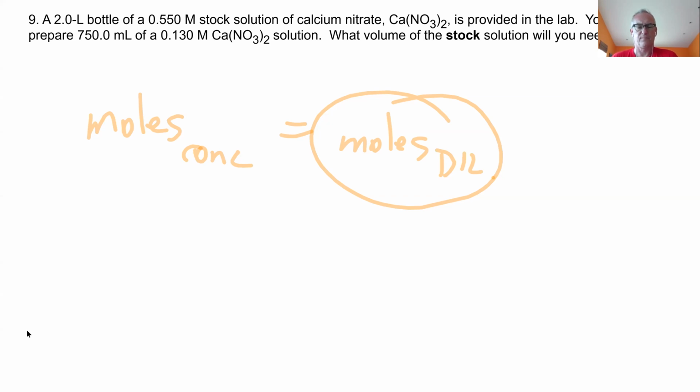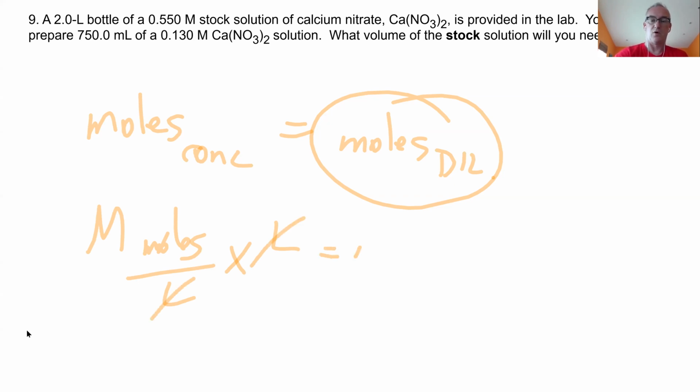M times L. M times V. Molarity times volume. Right, so molarity is the concentration, that's moles per liter, right? Times liters gives moles. Or in other words, the concentration times the volume equals moles.